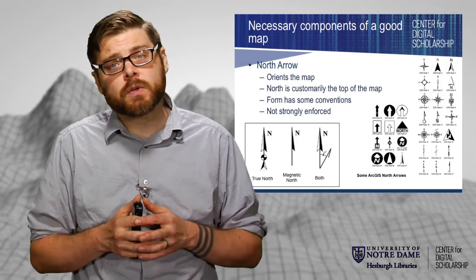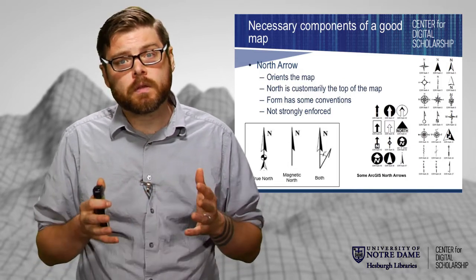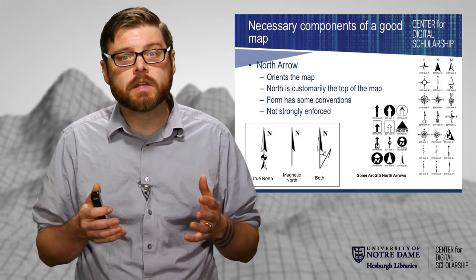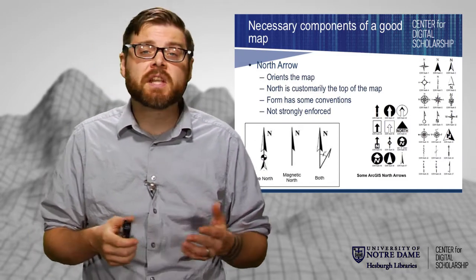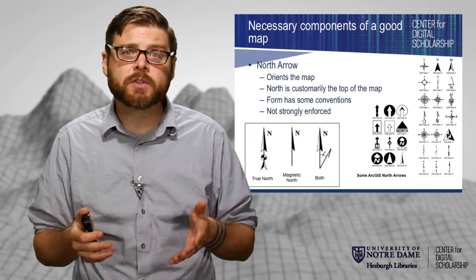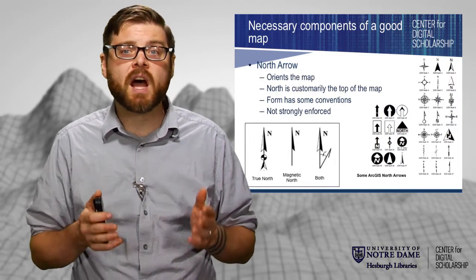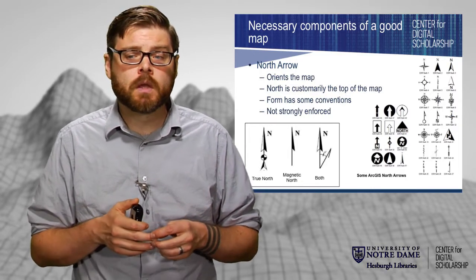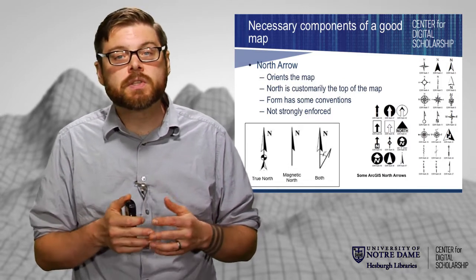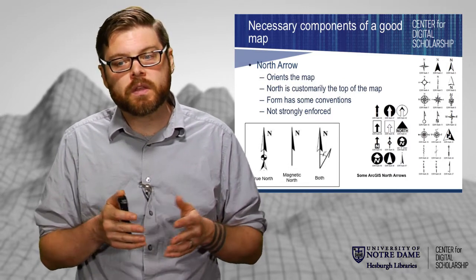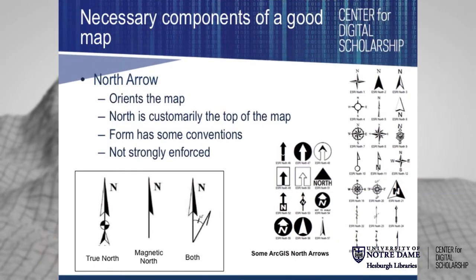Having a north arrow is also usually important, even though the default standard is up is north on the page. But that's not always the case. So having a north arrow never hurts anything, and in cases where up is not north, it's really crucial. There are a few different conventions that are used in north arrows. You can see these up here, where you have some that are true north.